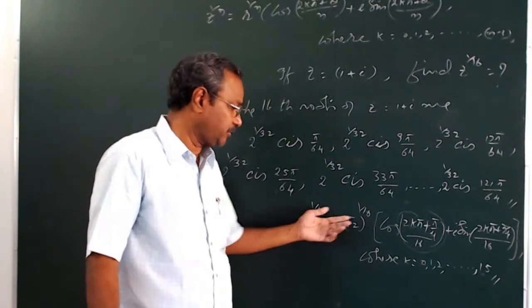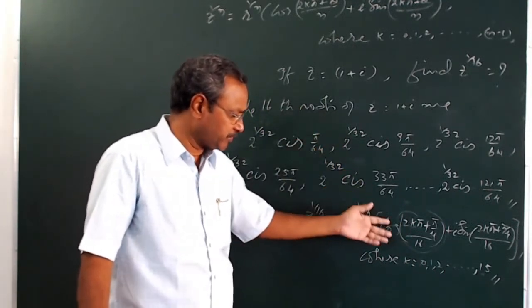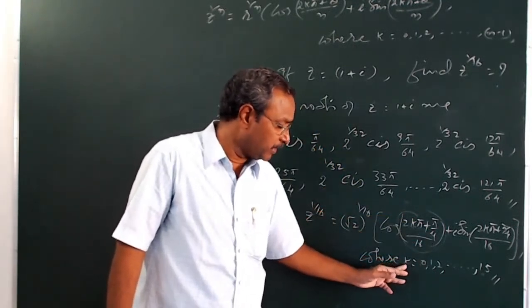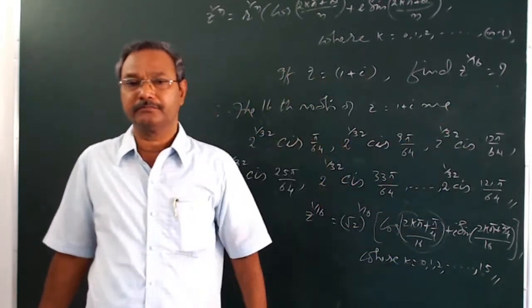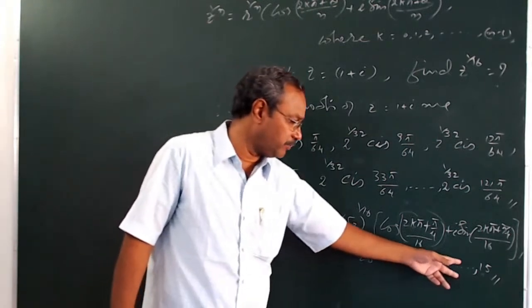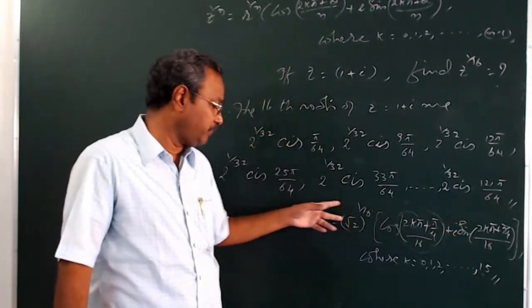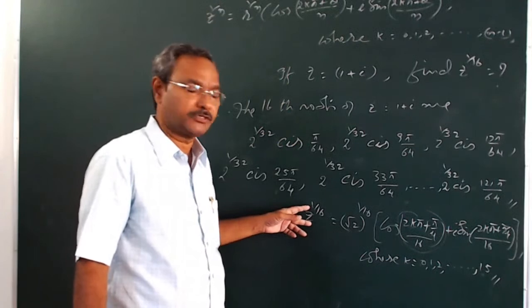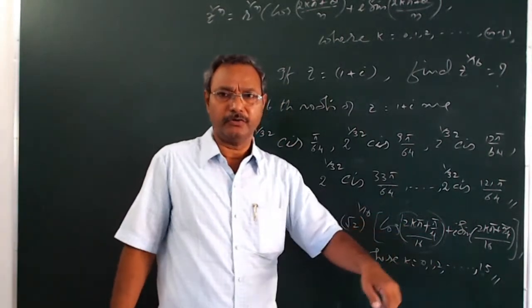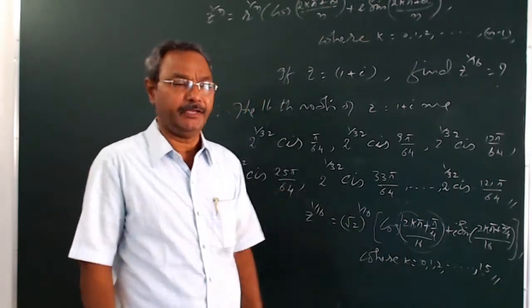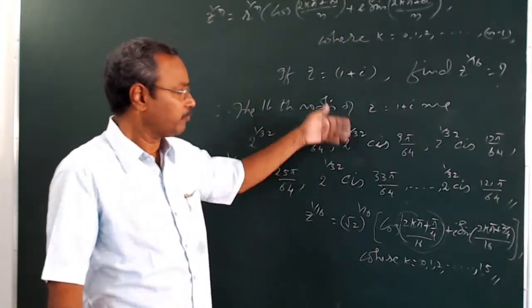These are the 16th roots. We have all these 16 roots here itself. So we are mentioning different values of k for which we get different roots. Once we have mentioned the values of k and given the structure of these nth roots or 16th roots, the problem is over here itself. If you are asked to identify the roots separately, you can go for this.